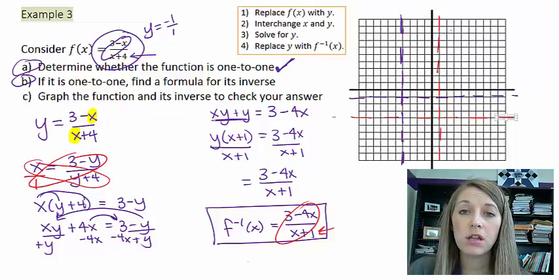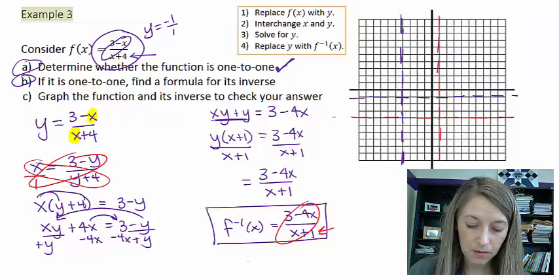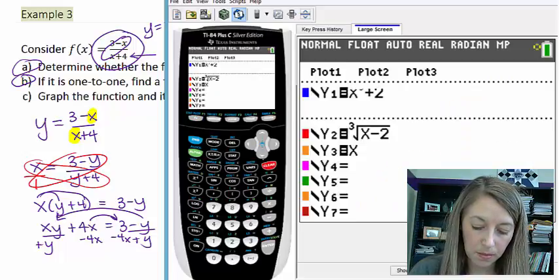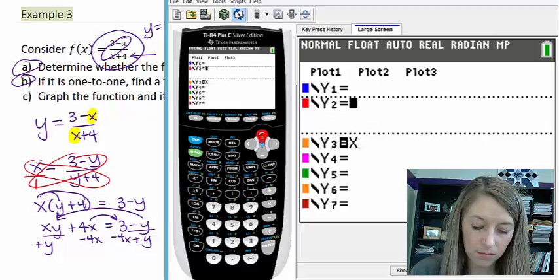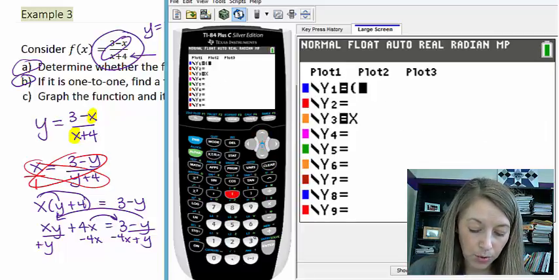Okay, let's utilize the graphing calculator to do the rest of this work for us here. So in my first function, I'm going to put in the original, 3 minus x divided by x plus 4.